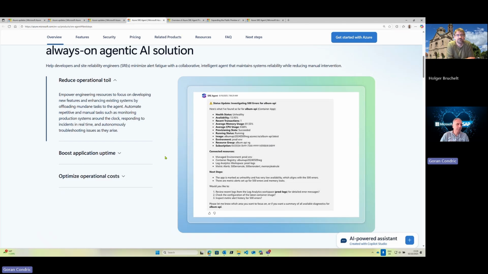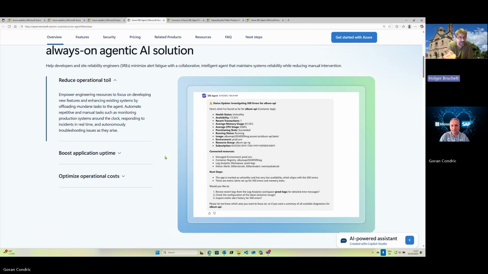So this topic is becoming more and more hot with SAP as well. There is a lot of talk about SAP AIOps, AI for IT operations, so to say, right? And again, there is no SAP there yet, but SAP runs on virtual machines and on a lot of things.